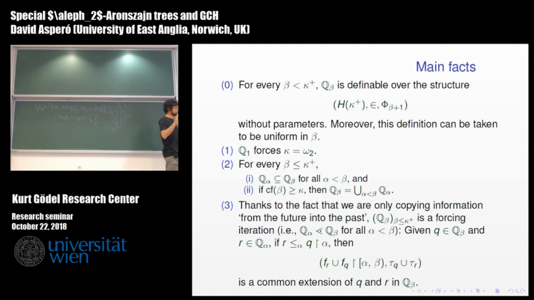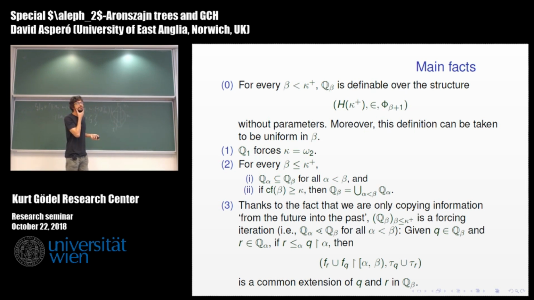We only require to copy things from the future into the past. So you say that in limit stage kappa you take direct union, but in limit stages of cofinality omega 1 you don't take direct union? No, but the models are of size less than kappa. They come from V, right?